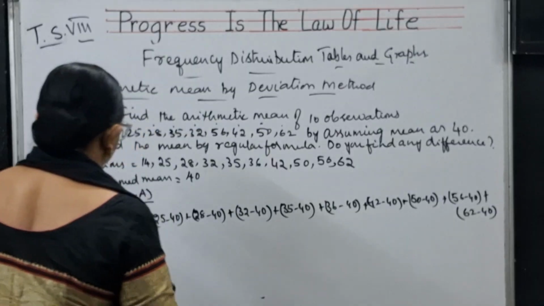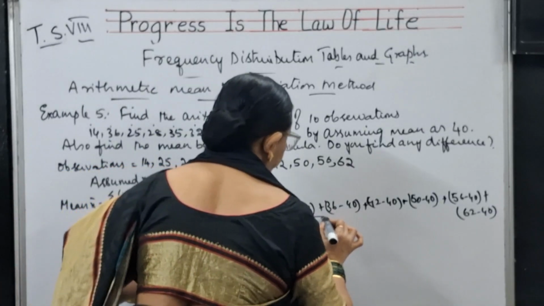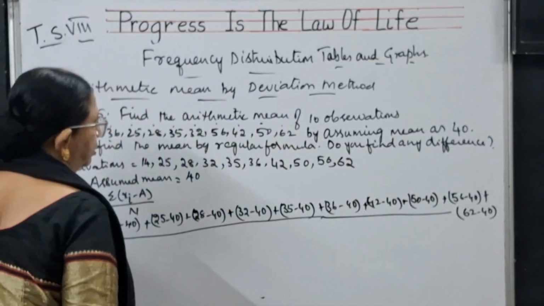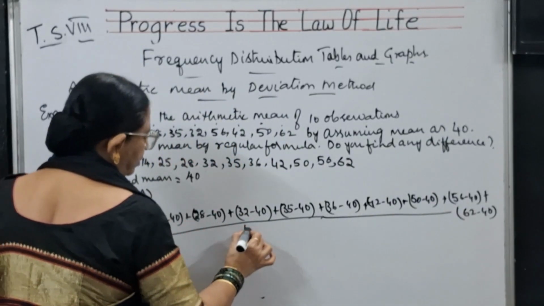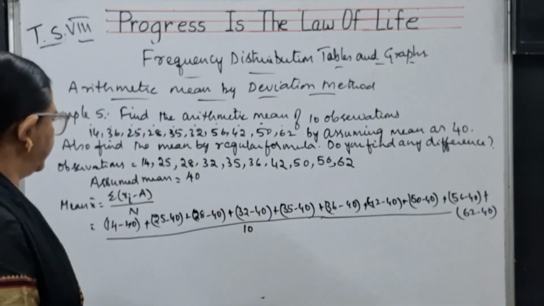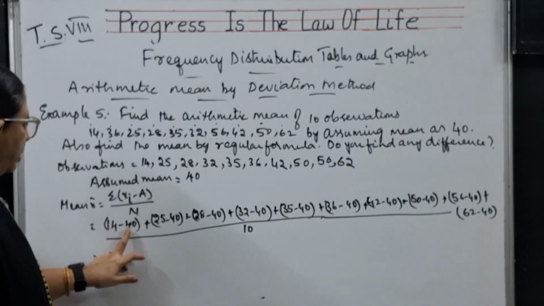So these all are xi minus a, the assumed mean. These should be divided by the number of observations, which is 10.